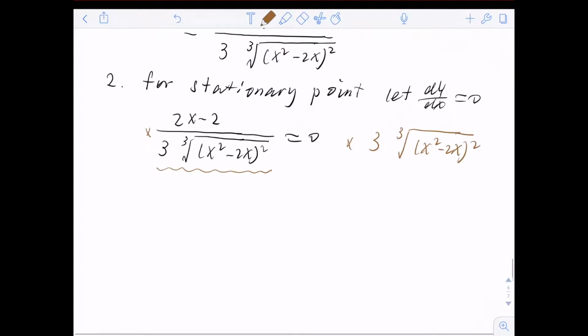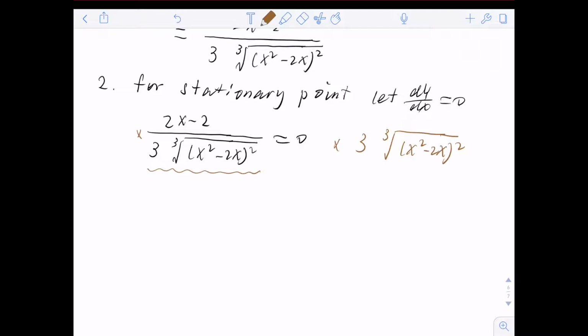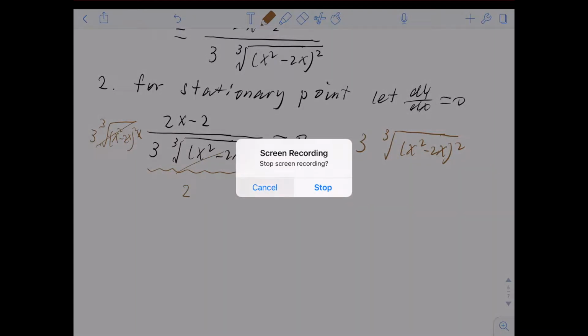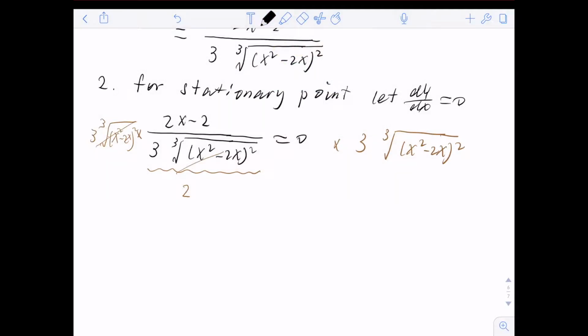Which gives me 3 cubic root of (x squared minus 2x) to the power 2. So then I cancel the denominator here, and on the other side, 0 times that gives me 0. So it becomes very simple, gives me 2x minus 2 equal to 0, and therefore x equals 1.